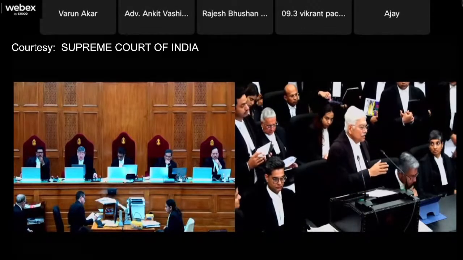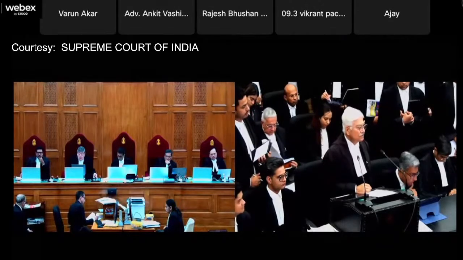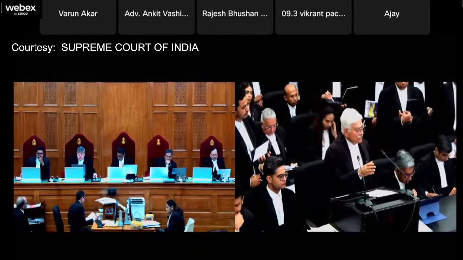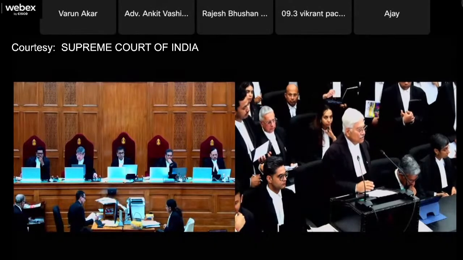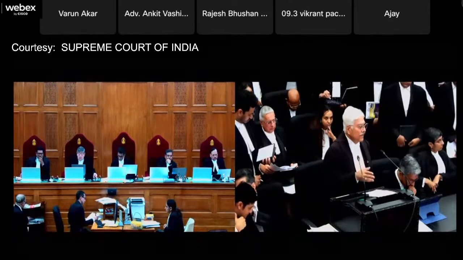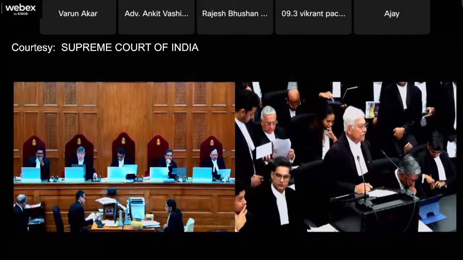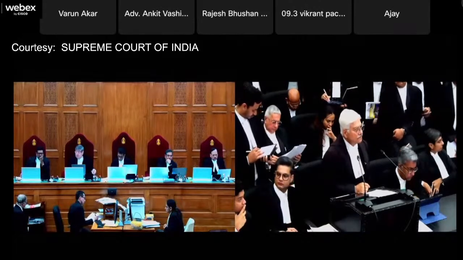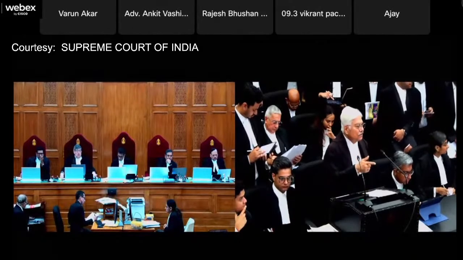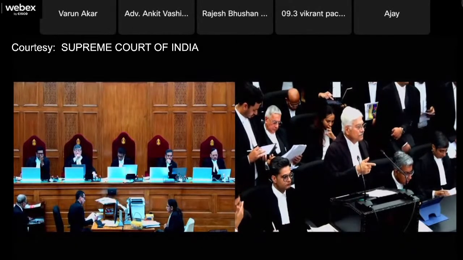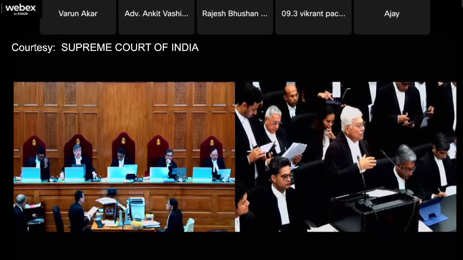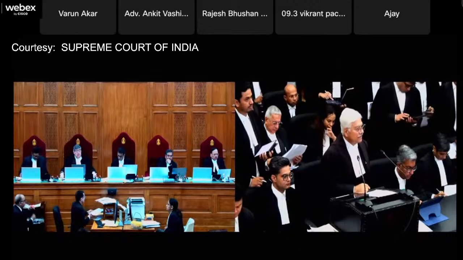Some ceded directly to the Dominion of India, states like Rajavans. Some ceded to the Dominion of India while they merged with the provinces. Provinces, Lordship would know, under the Government of India Act, automatically merged in the Dominion of India. And some ceded to the Federation of States, the Union of States.